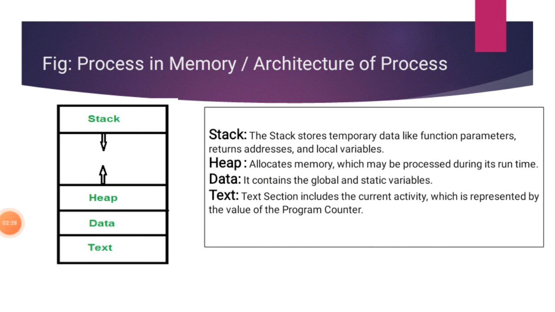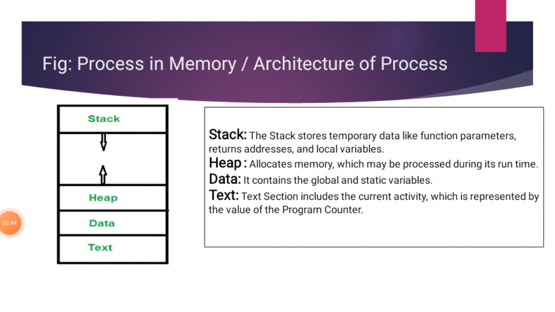In this rectangular box we have four sections: stack, heap, data, and text. So a process in memory can be divided into four sections, or four components: stack, heap, text, and data.